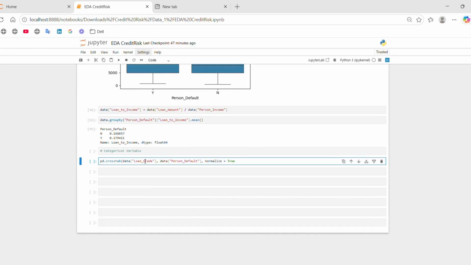I'll also put normalize equal to index so that the scaling becomes the same. That's the command for normalize.